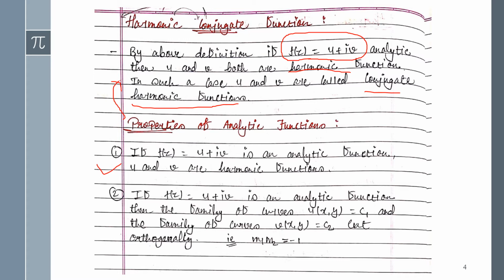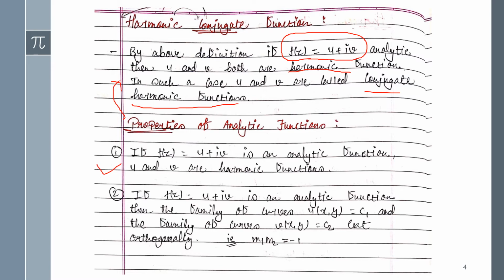It means the multiplication of both slopes, m1 into m2, will be -1. So there are two properties for analytic functions, and this one we will do in the examples so that you can understand better.